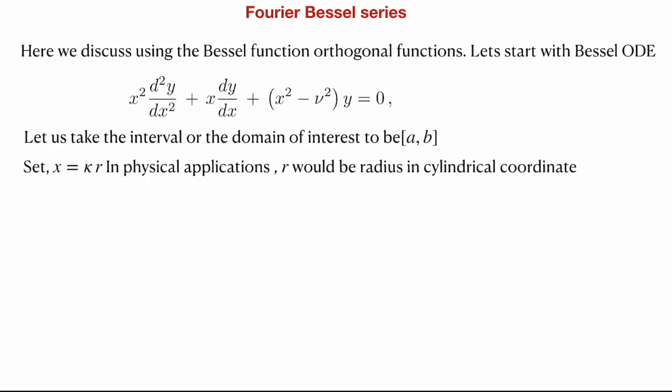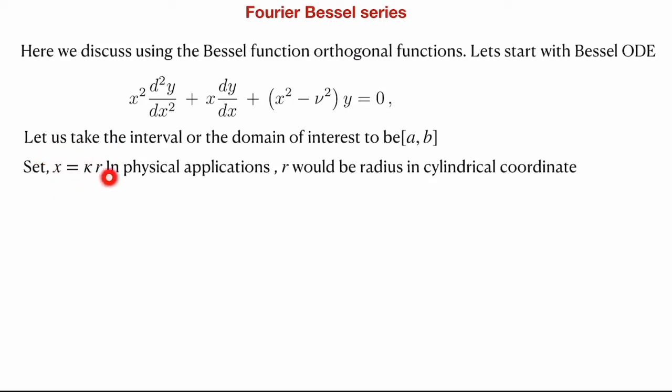Now you note that from the physical application point of view, our r coordinate in the cylindrical coordinates is transformed by multiplying by k. k is the eigenvalue corresponding to the z part of the equation, and then we have x equal to k times r.